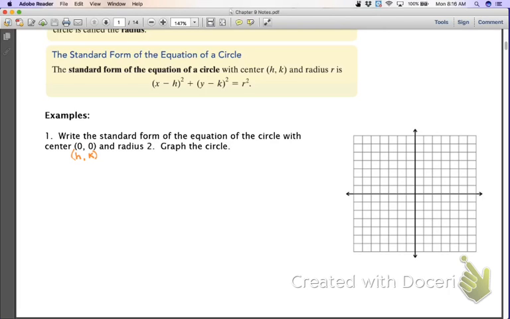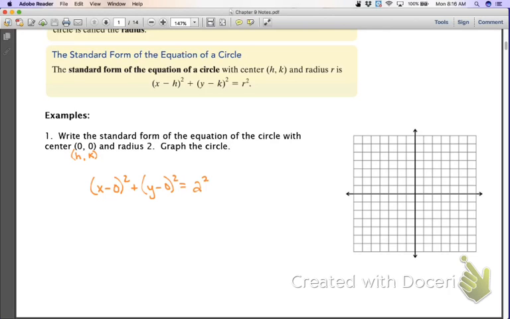So I'm just going to plug everything into my formula, and I'm going to have (x minus 0) squared plus (y minus 0) squared equal to 2 squared.